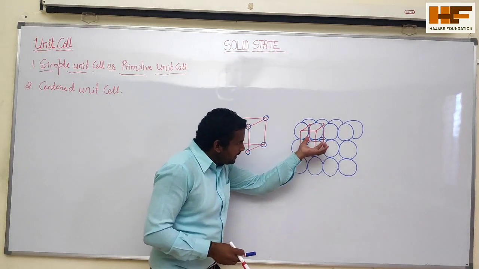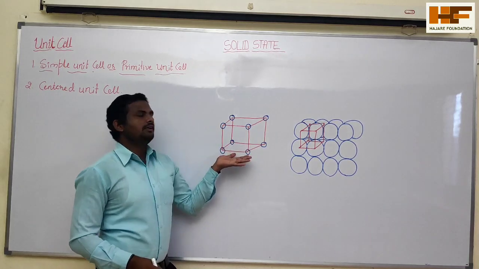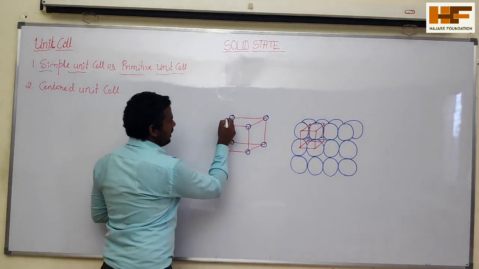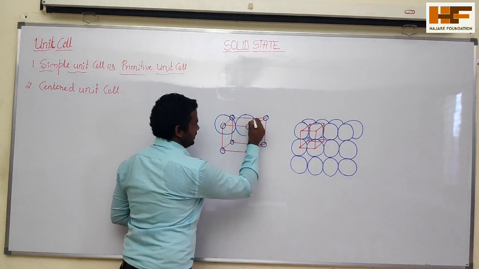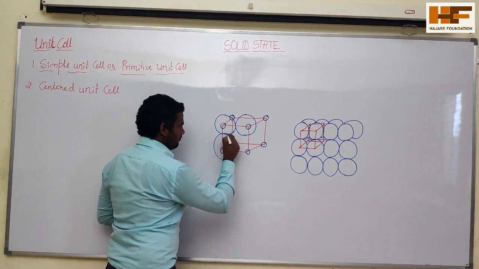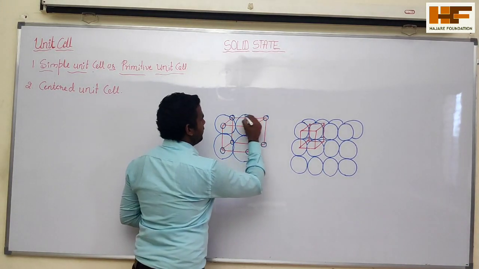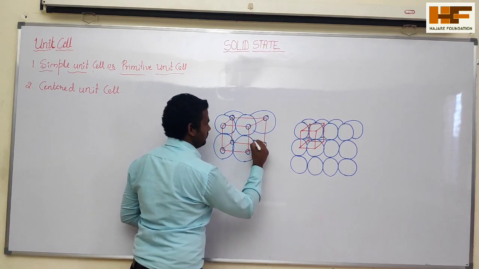If I remove this cube from here, it will be like this. Here these are lattice points and the atoms are attached like this. This is the front arrangement, and here is the back arrangement.